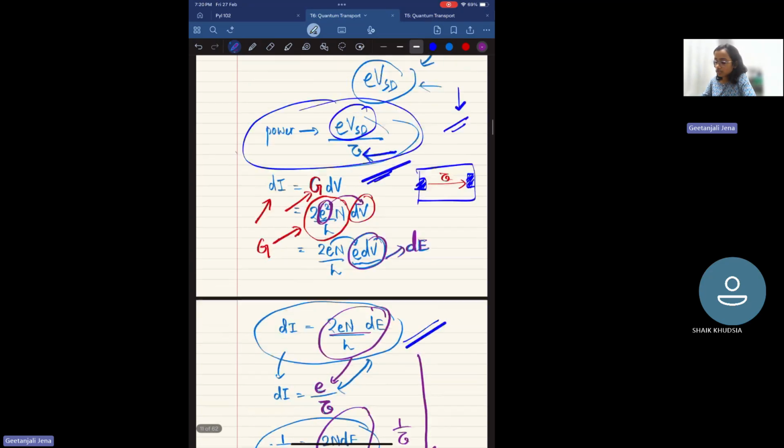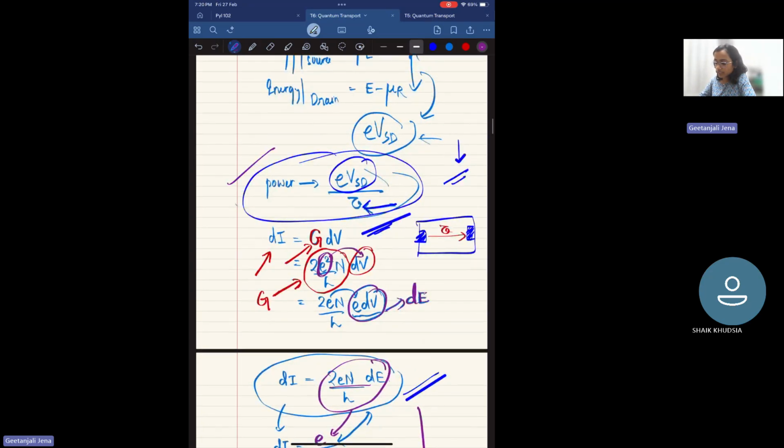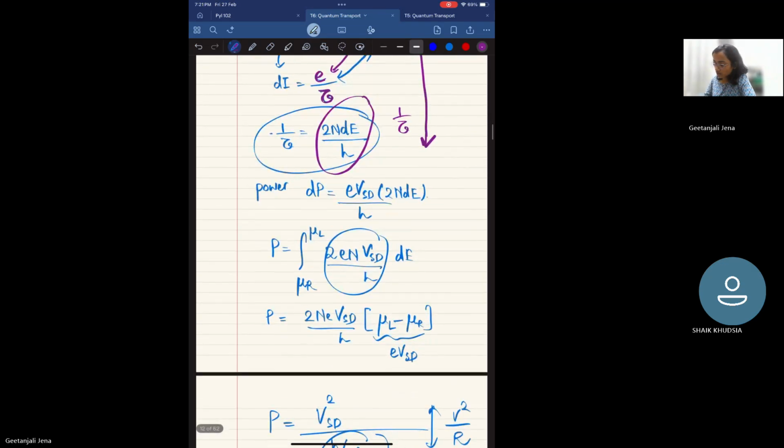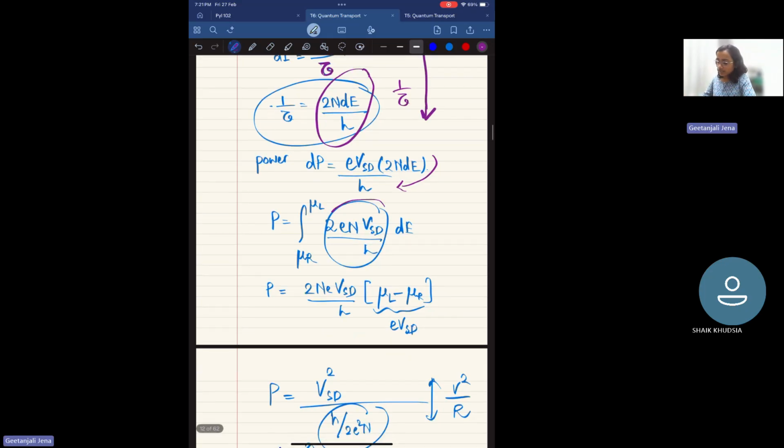So we can put it into the expression that we took in the first stage. Power is eV_ST by tau. I have put the value of 1 by tau here, and we need to calculate the total power dissipated, so we take the limit from mu_L to mu_R.